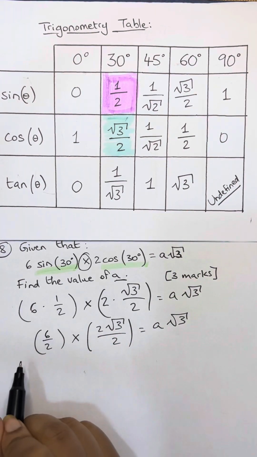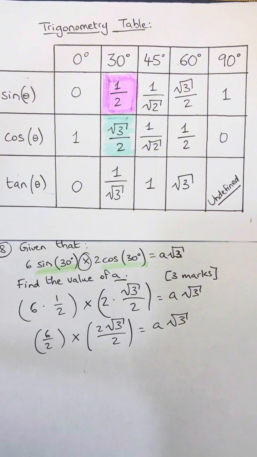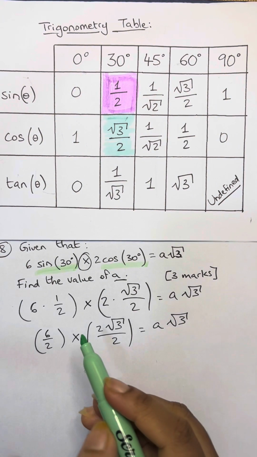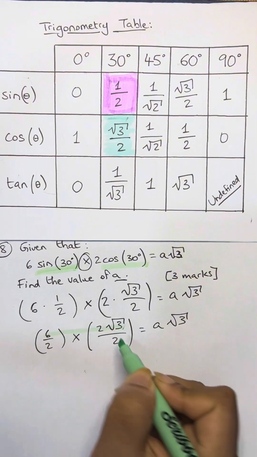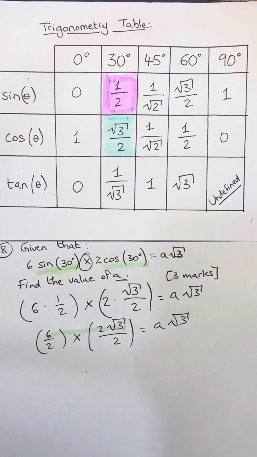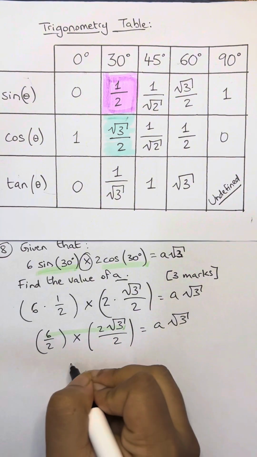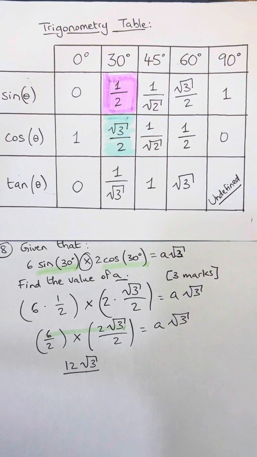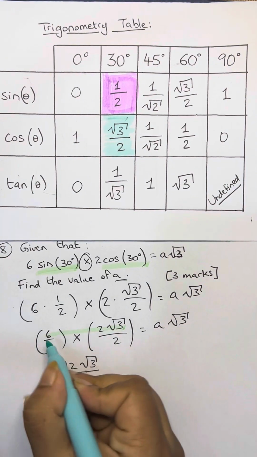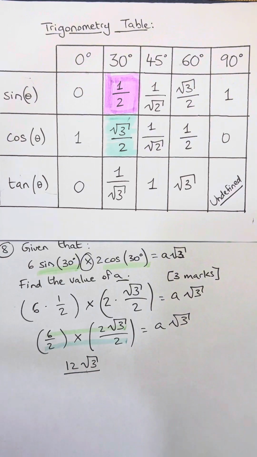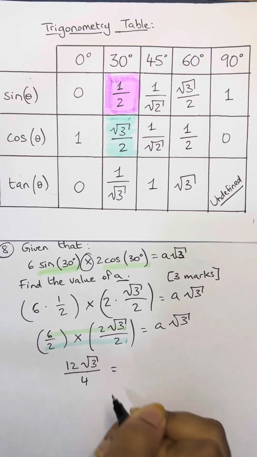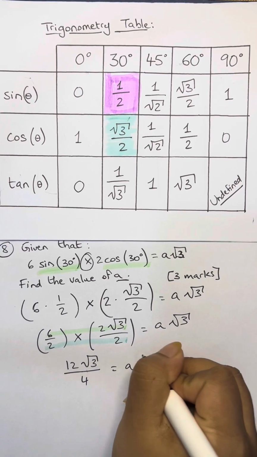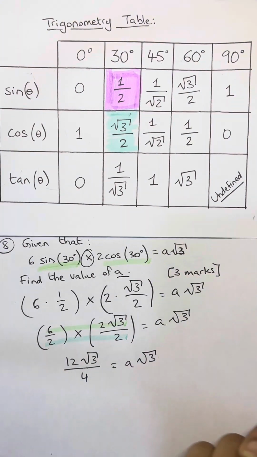I'm not going to simplify this as of yet, so let's just multiply them horizontally. 6 times 2 root 3 is 12 root 3, over 2 times 2, which is 4. So 12 root 3 over 4 equals A root 3. Now I can simplify this.